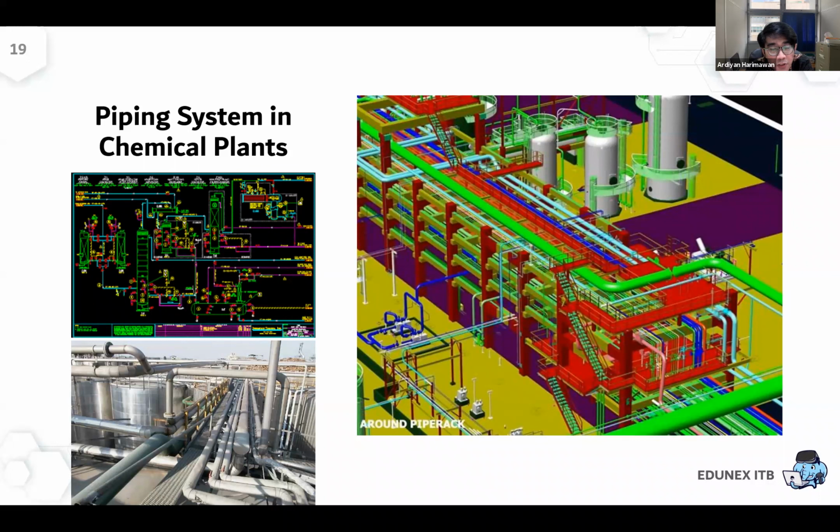What will be the length from the raw materials tank to the reactor, for example? How long is the pipe? What will be the construction of the pipe? Then, in order to design this piping system, you need to understand some concepts of fluid mechanics.